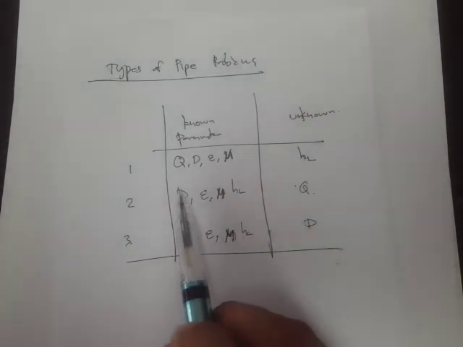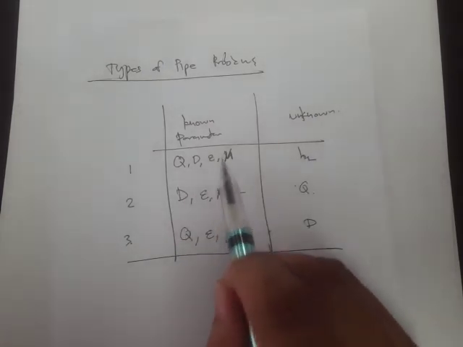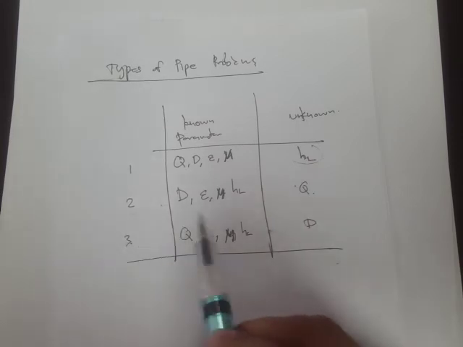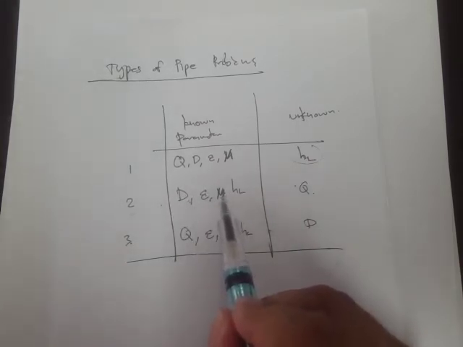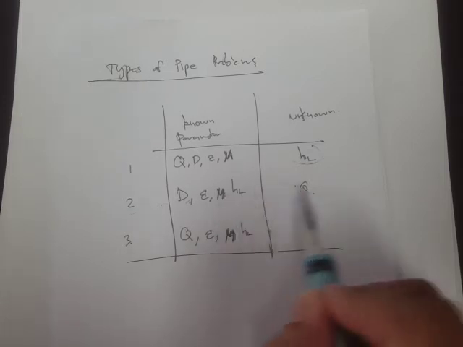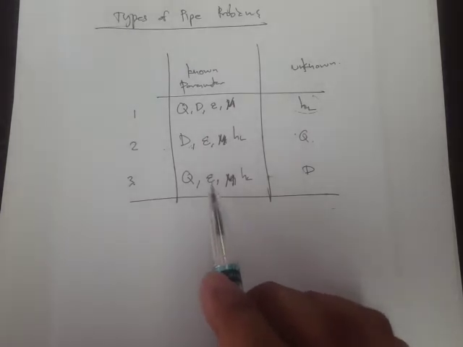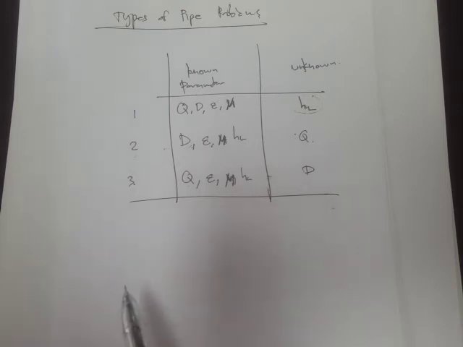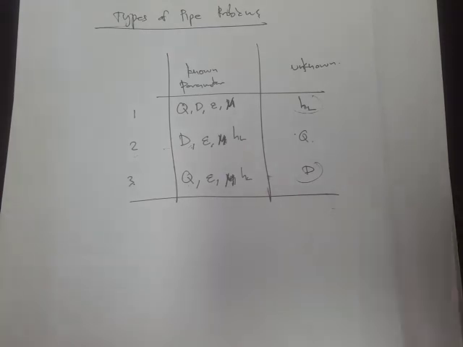Okay, so you're given the flow rate, the diameter, the surface roughness, and then the viscosity to find the head loss. Then for a type 2 problem, you have the diameter, the surface roughness, the viscosity, and the head loss to find Q. Now for the third type of problem, you have the flow rate, the surface roughness, the viscosity, and the head loss to find the diameter.